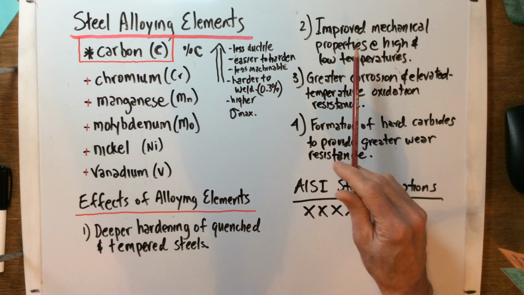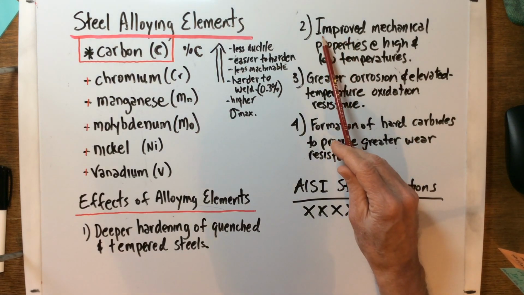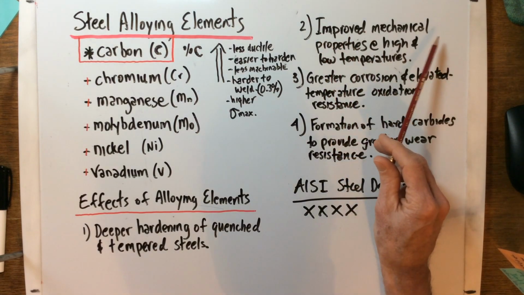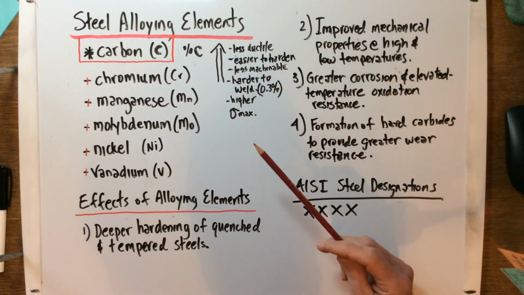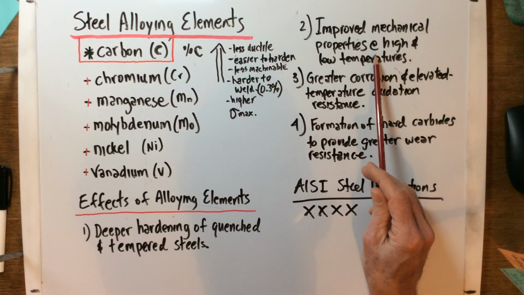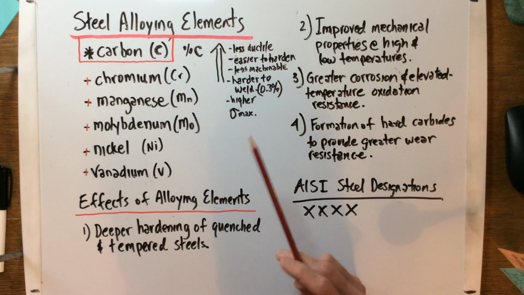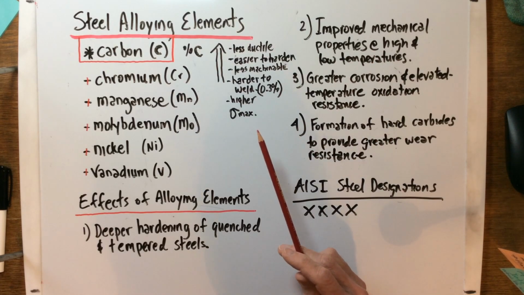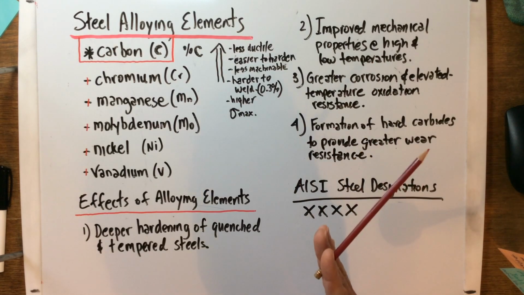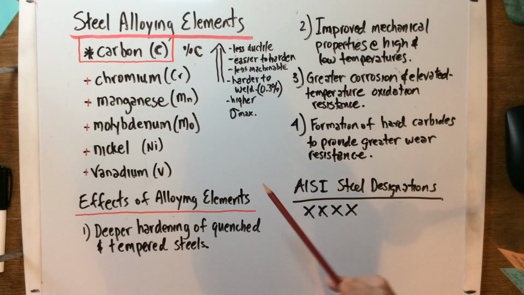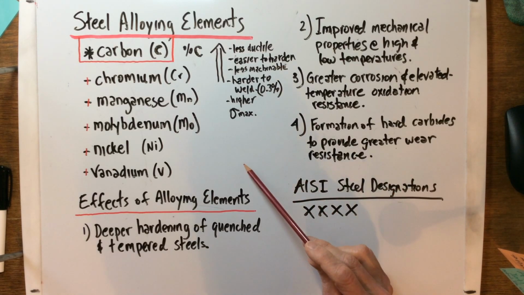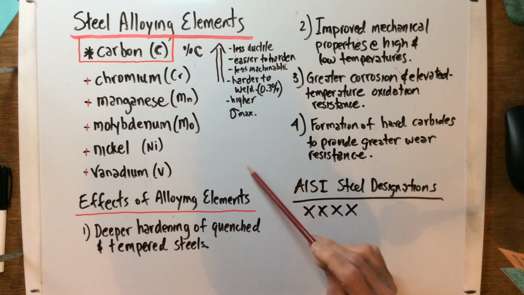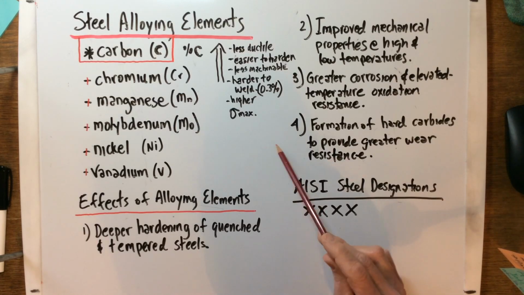It also, and one of the main reasons, generally speaking, improves the overall mechanical properties of the steels, but specifically at high and low temperatures, both. So instead of just having the same properties, now you can have those properties at extremely low temperatures, because we know that steel has some issues with respect to low temperatures.